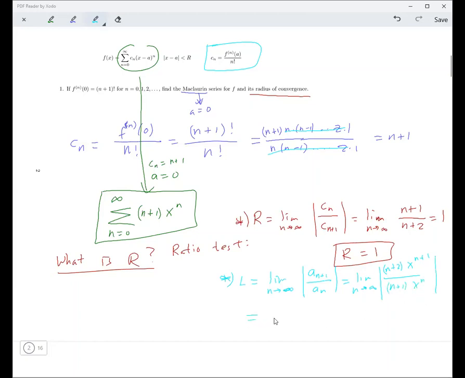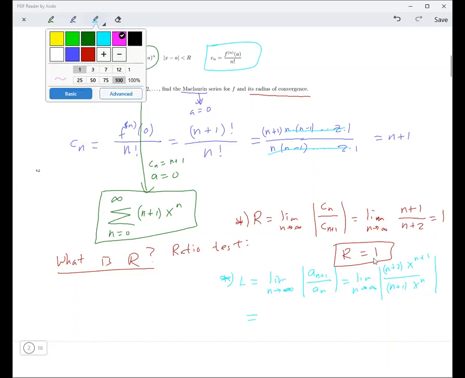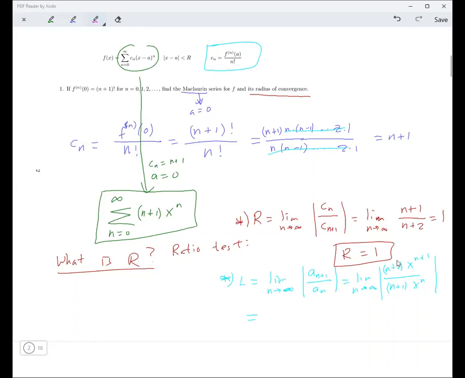And as n goes to infinity, this part right here goes to 1, and you end up with just the absolute value of x, because x to the n plus 1 over x to the n is just x. And this will converge when L is less than 1. And so then from there, we can deduce that the radius of convergence is 1 as well. That's another way, just a separate way to do it.